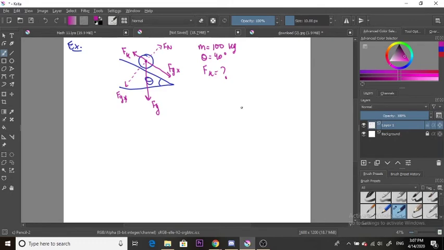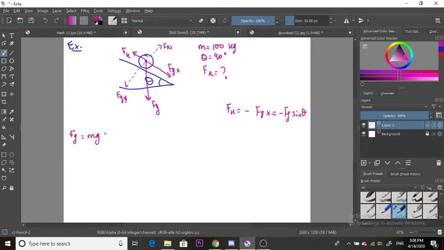So if we want a friction force, we have to use the formula. Friction force is equal to your negative FGX, which is equal to your negative force of gravity times your sine theta. So let's find our force of gravity.